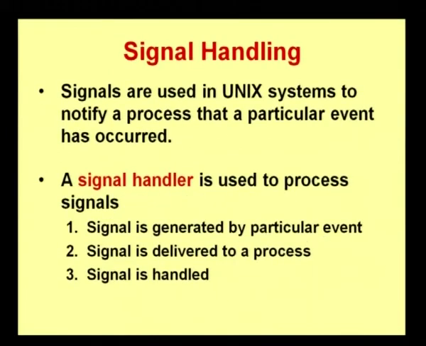Next is signal handling. So what is signal handling? Signals are pretty common in the Unix operating system. Supposing some event is going to happen, before the event happens, the Unix operating system passes a signal to the user that a particular event is going to happen.